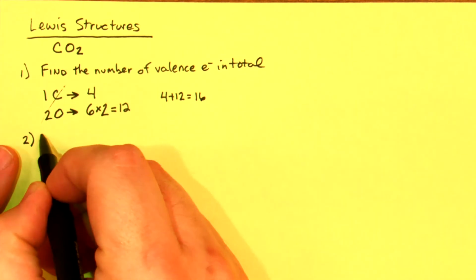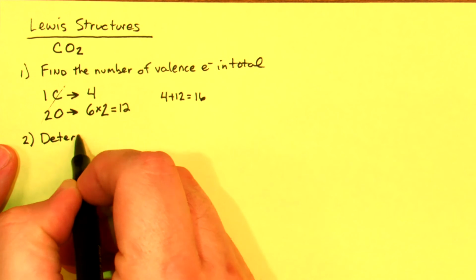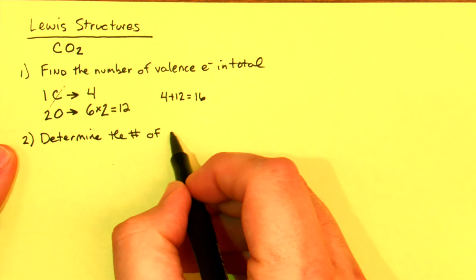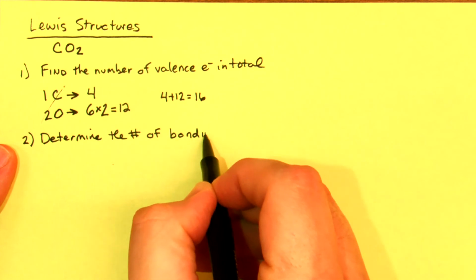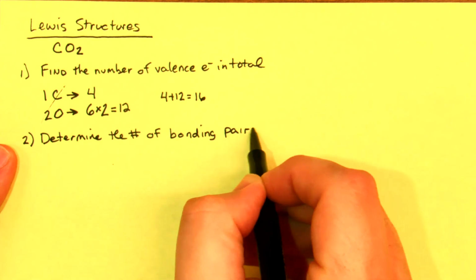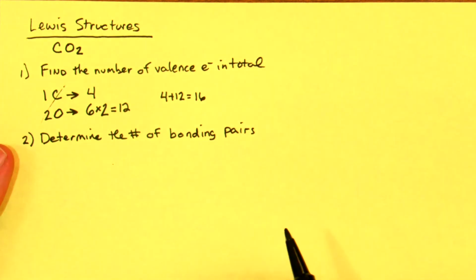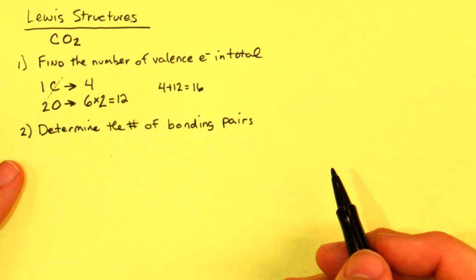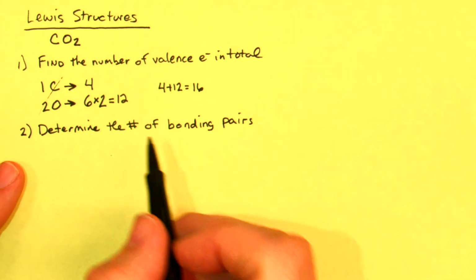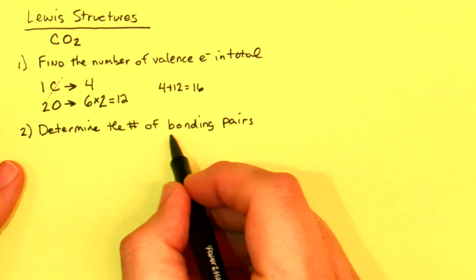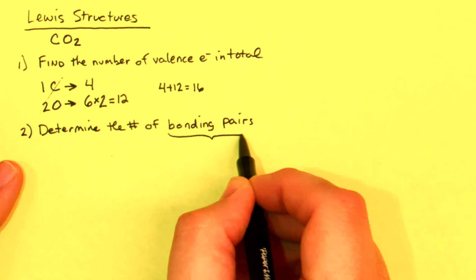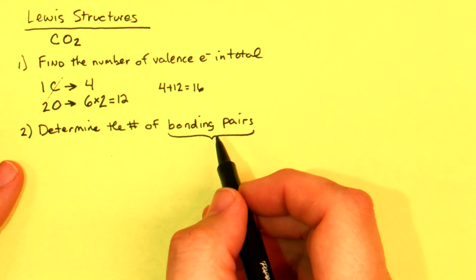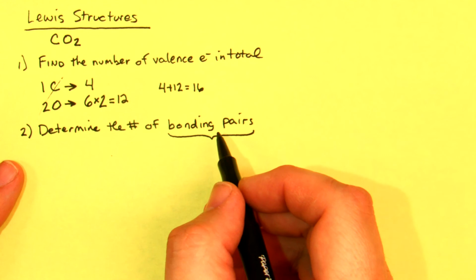Second step is you have to determine the number of bonding pairs. And what you do is say to yourself, all right, how many electrons are in a bonding pair? When you put that bond in there, how many electrons are there? 2 electrons.